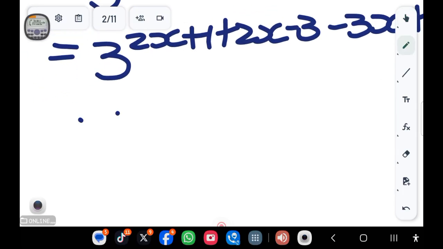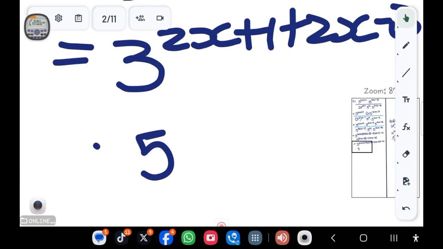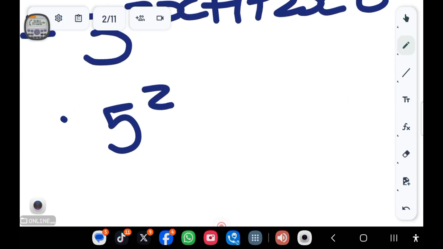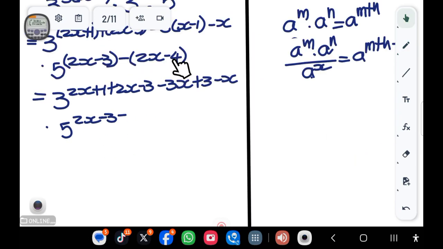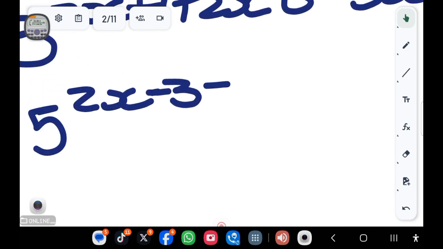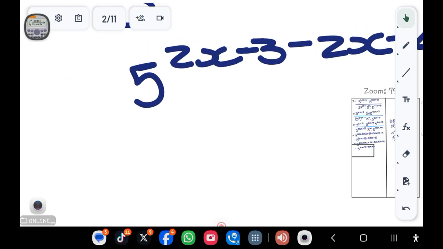Now times 5 to the power of those that have, so that will be 2x minus 3 minus 2x plus 4. Careful with your integers. If you make a mistake here, the whole answer becomes messed up.